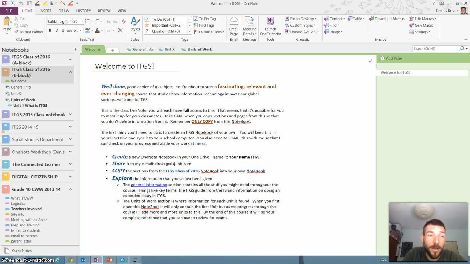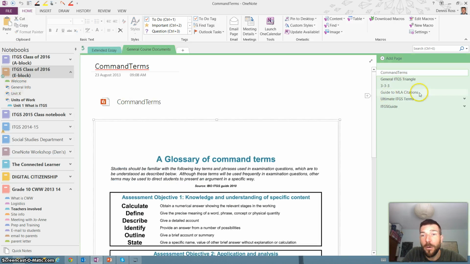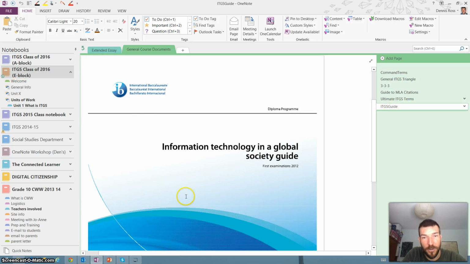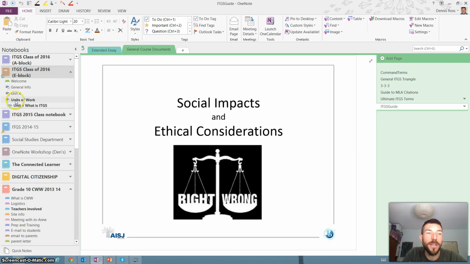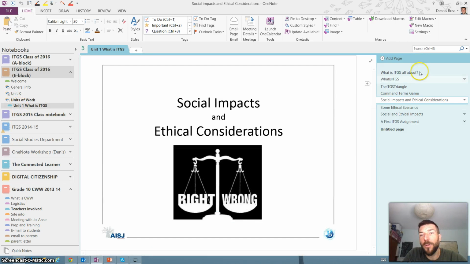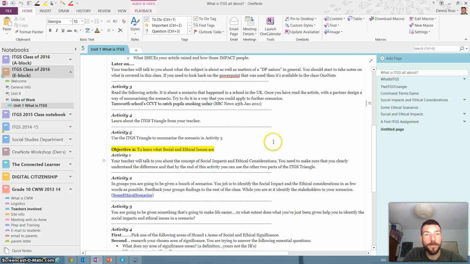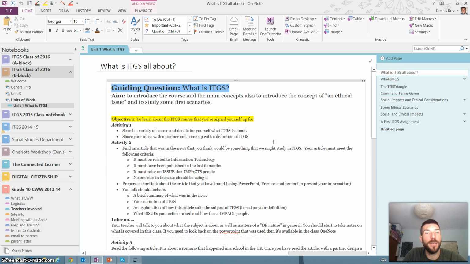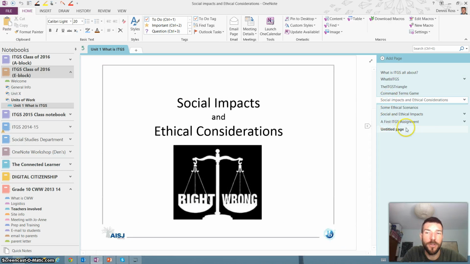And in there you'll find general information right down to the actual ITGS guide, the syllabus if you like, and then specifically for every unit there's a brief overview of the unit that details all of the activities the students are going to do, plus all the resources that are being used within that unit, including all of the presentations I show them during class and such like.